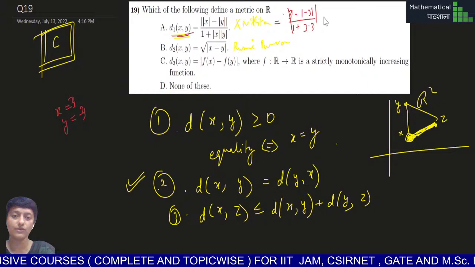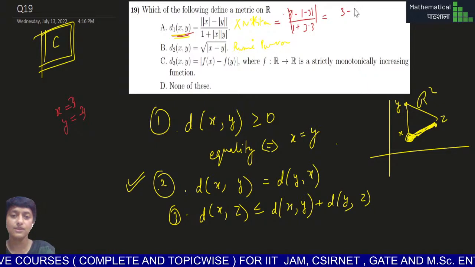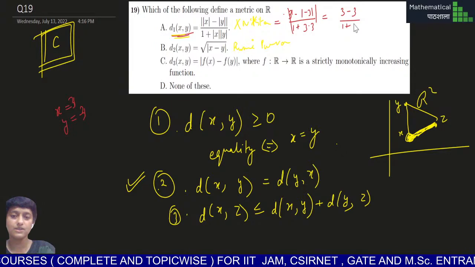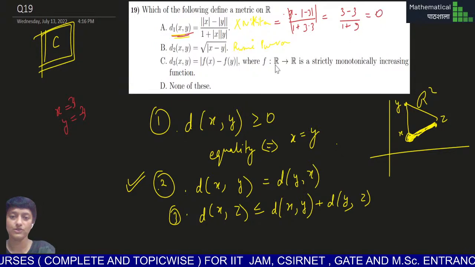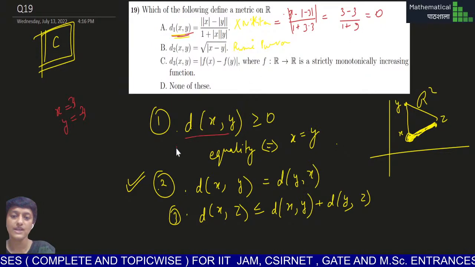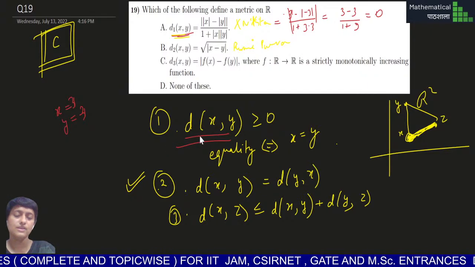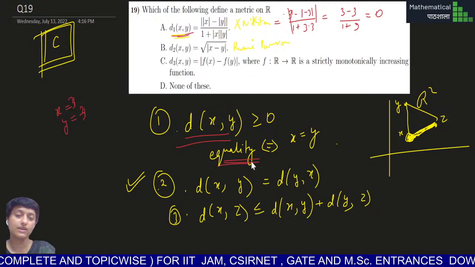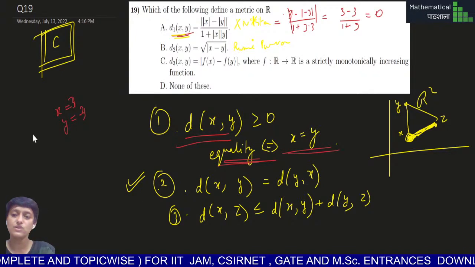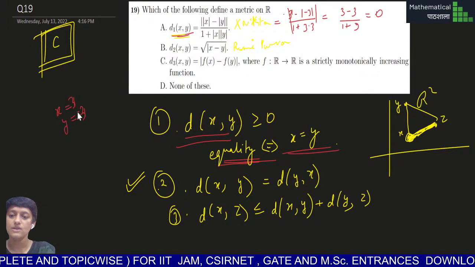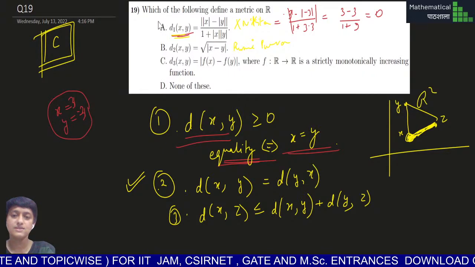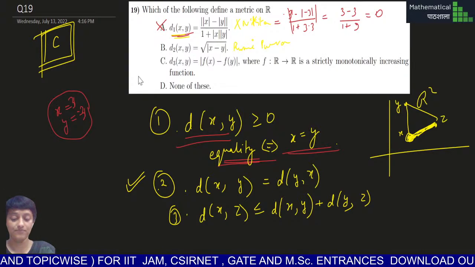So it will be 3 minus 3 upon 1 plus 9, which is nothing but 0. So we saw that the distance d of x, y is equal to 0, and equality should occur if and only if x is equal to y. But you see here, we have taken plus 3 and minus 3. Hence, A is not a metric.